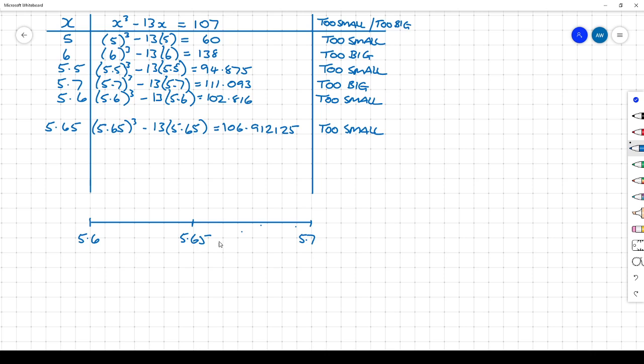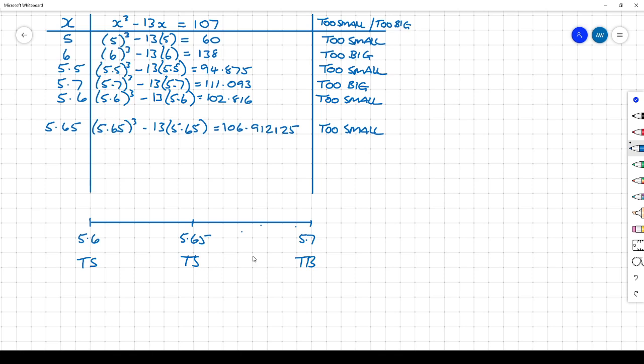Now, underneath these three values of x, we write down what happened. So 5.6 was obviously too small, we can just write TS. 5.7 was too big, and then we looked at the value between those two halfway to see whether that was too big or too small, and that came out as too small.